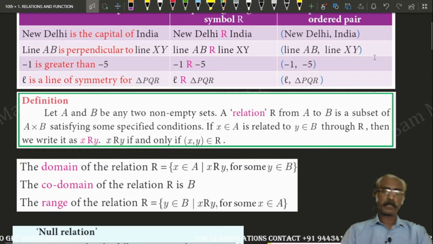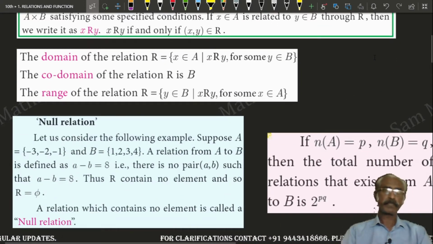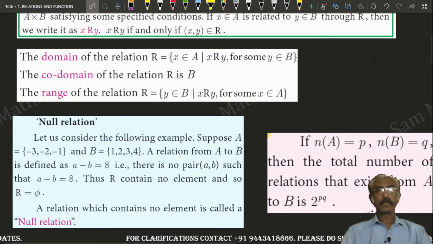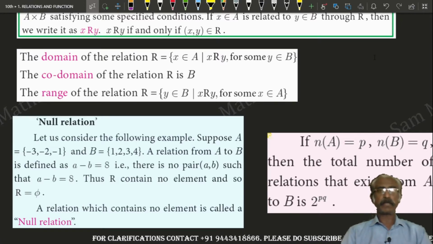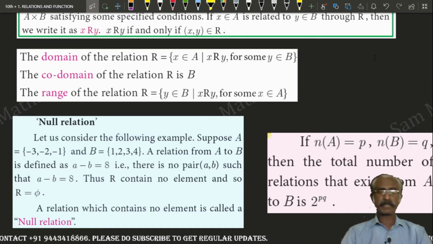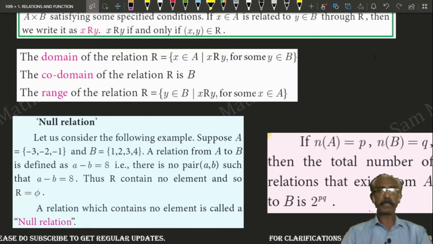Here the first one in (x, y), x belongs to A. A is the first set. So domain of the relation R is equal to the set of x belongs to A such that x is related to y for some y belongs to B.